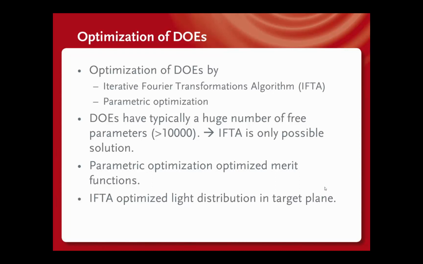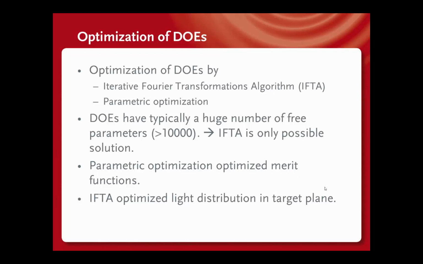I'd like to point out that a typical diffractive diffuser element, as we used in the previous example, has 10,000 or probably also 100,000 or millions of free parameters. And the IFTA algorithm is a very efficient optimization algorithm to optimize these DOEs.